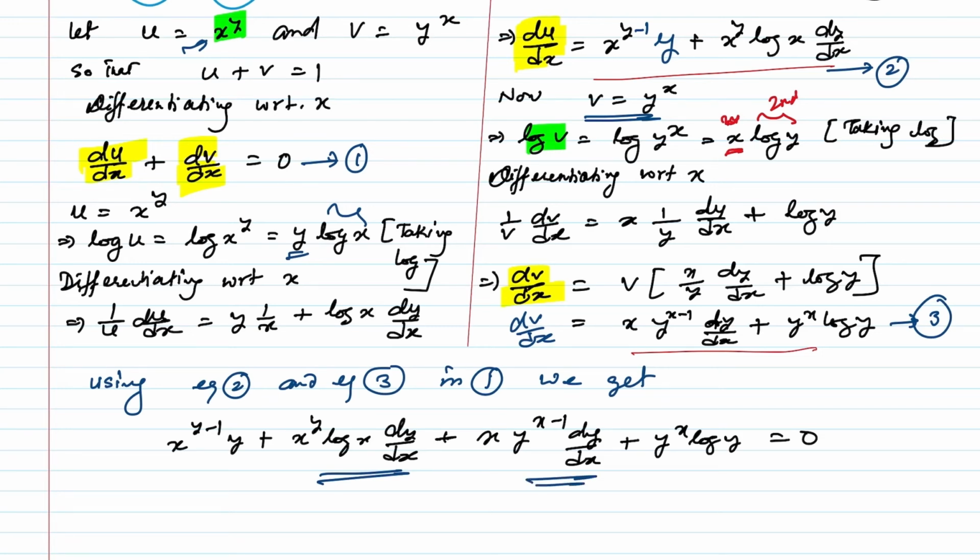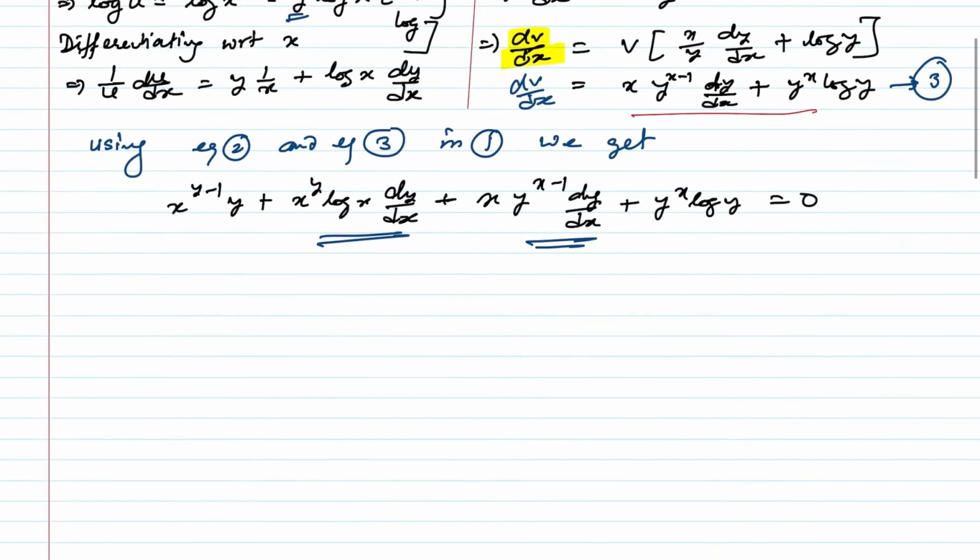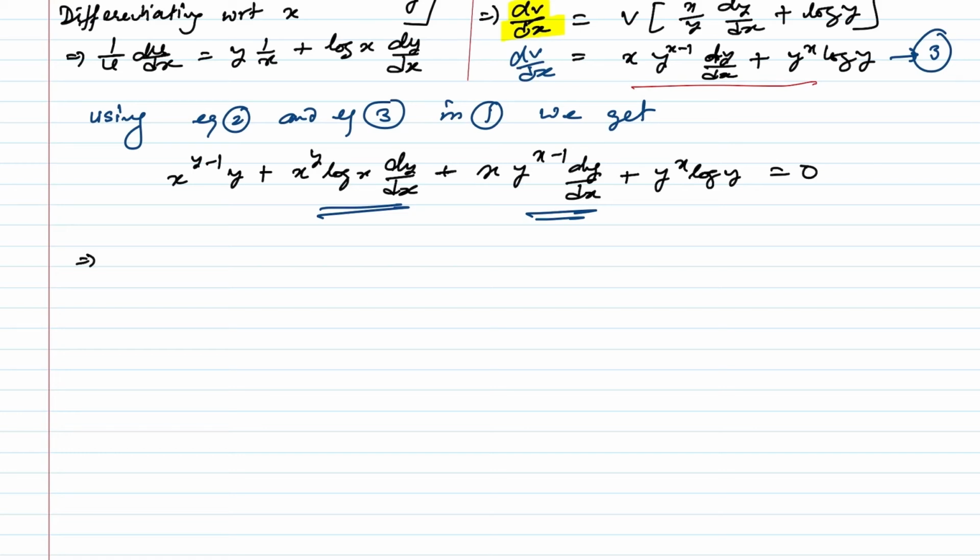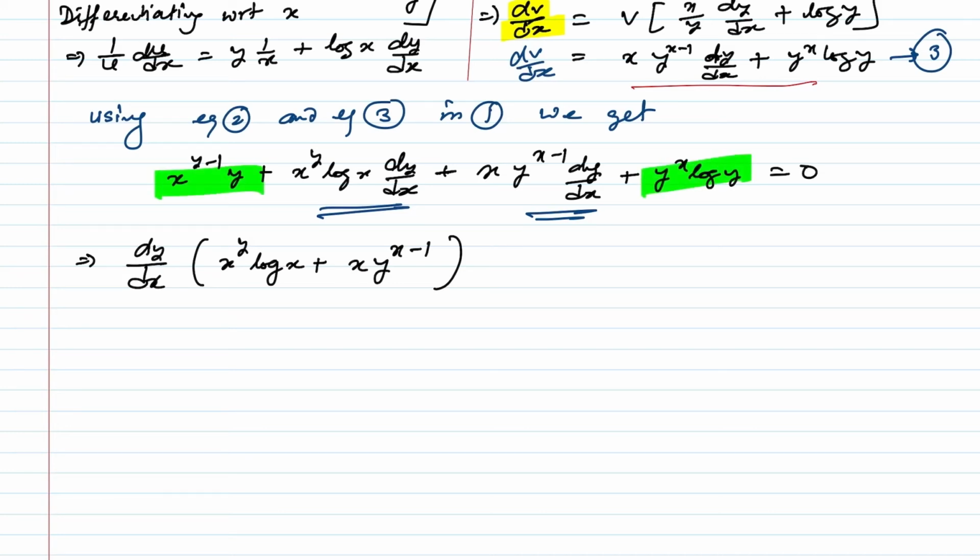So first take dy by dx common from these two, dy by dx, that's going to be equal to, within bracket, here we will get x to the power y log of x plus x y to the power x minus 1, then plus, if you transfer the remaining terms, this one and this one, on the other side, then what you will get?